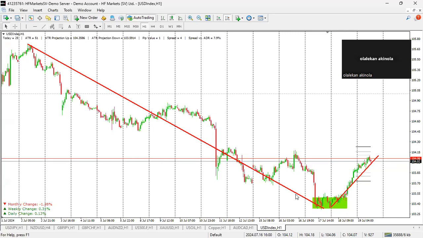Then the dollar started gaining value, and that has continued into today. That was what that write-up was trying to explain: how the dollar was able to change its fortune from almost crashing lower to rebounding in the market, and that continued into the session today.